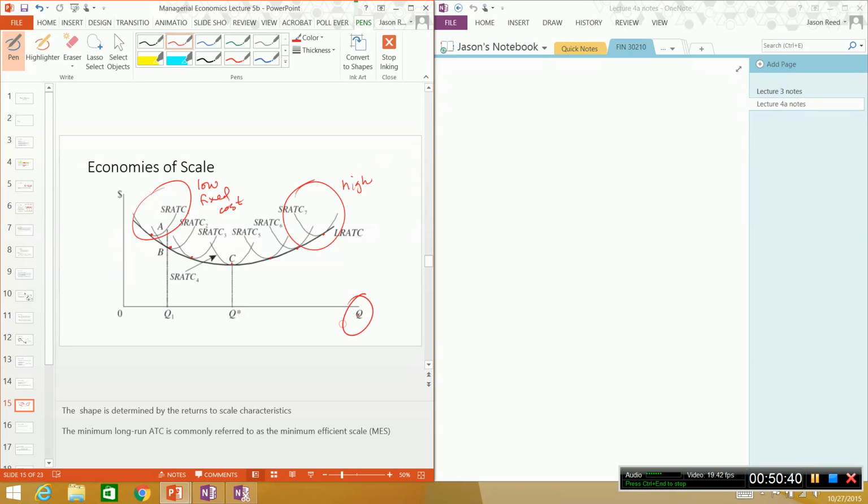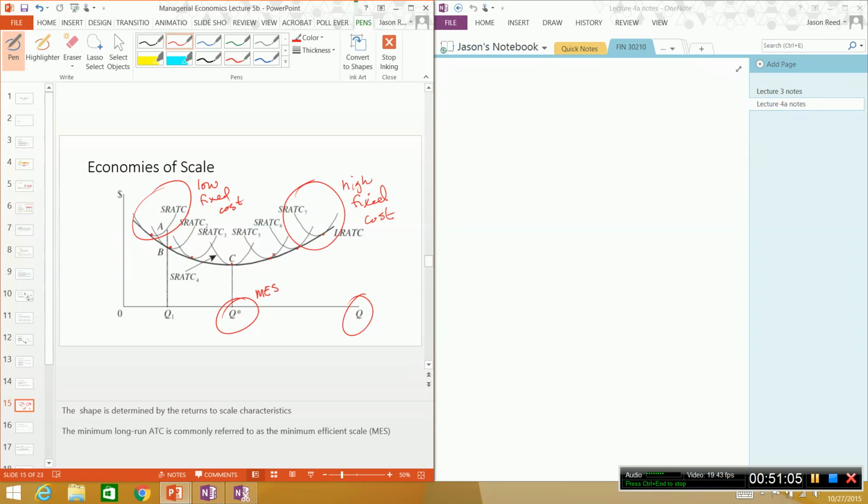We know that Q is directly related to that scalable idea. So if we have high fixed cost here, this means that we want to be bigger, we want to scale up in the long run, we want to be a big firm. And so the very minimum point, this Q star, this refers to something special. This is the MES. So we say that this MES is essentially just the long-run average total cost minimum.